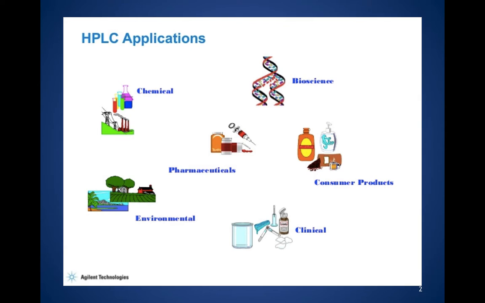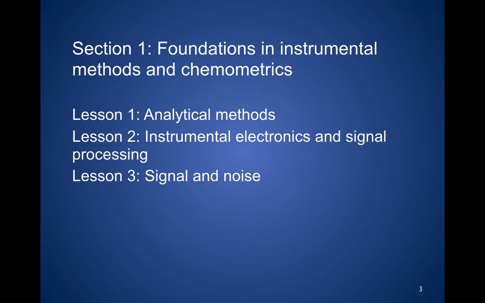And also the various consumer products. What do these consist of? Or let's say we're interested in determining how much of an amino acid is present in your body or a particular sample. So all of this can be done using high performance liquid chromatograph, and it has a wide array of applications.